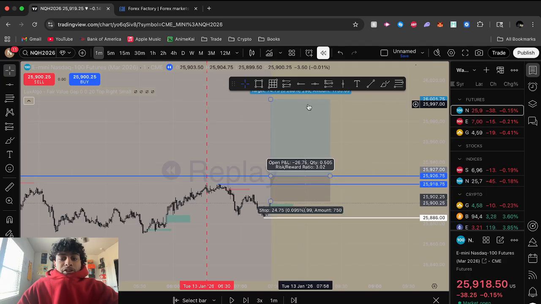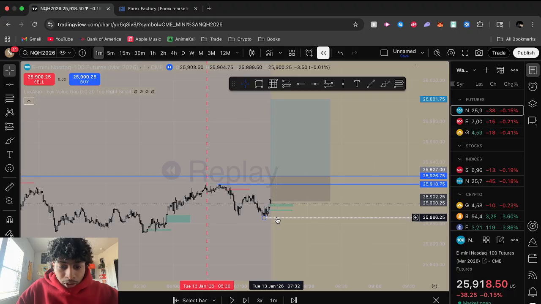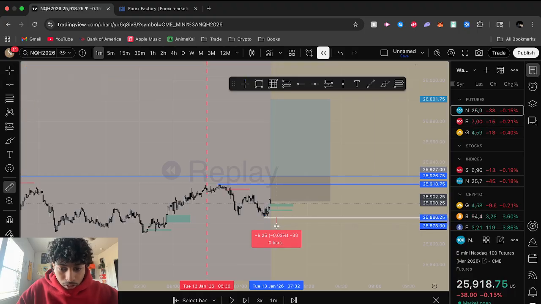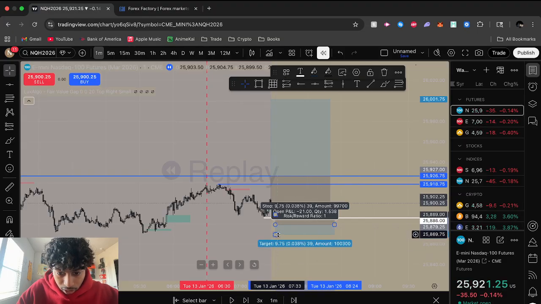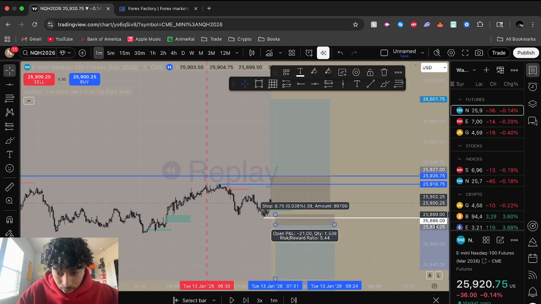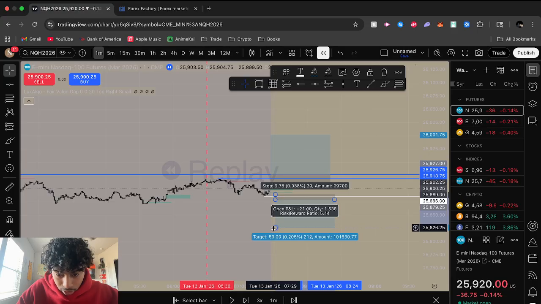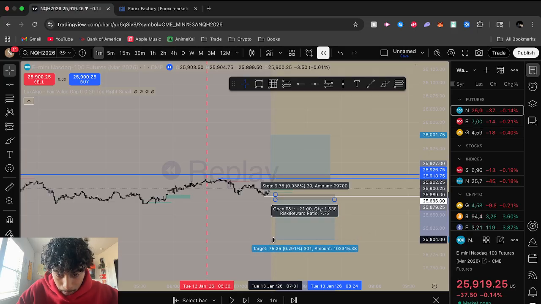And then I do the same thing, 30 ticks from the low, which would be something like around here. And then I set my target for 300 ticks, stops for 100.